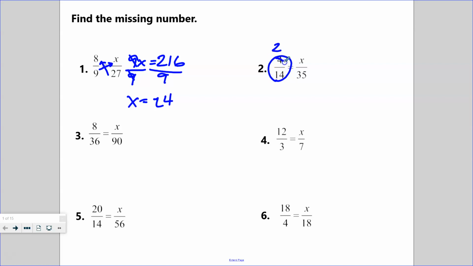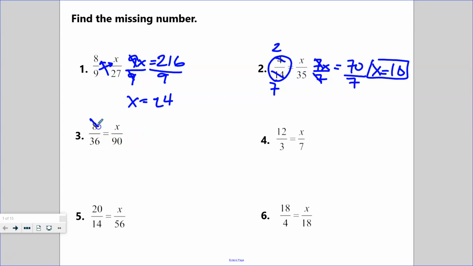So we have 2 and 7, and so now we have 7x equals 70. I can do that one in my head, so x equals 10.